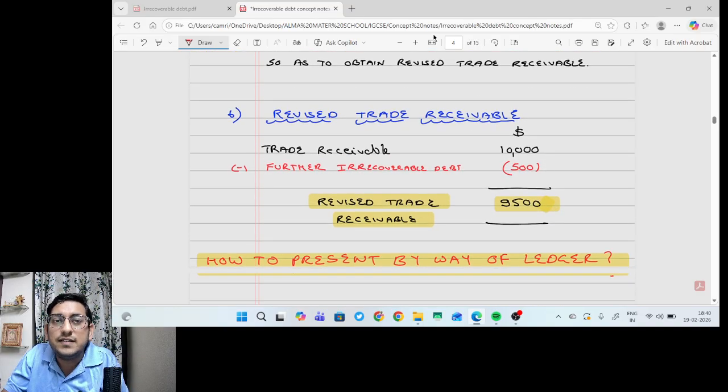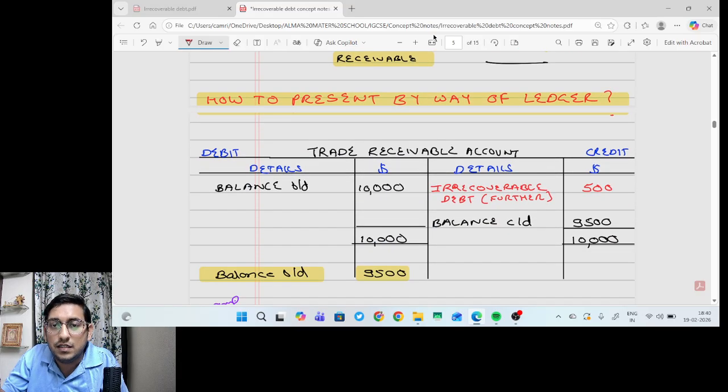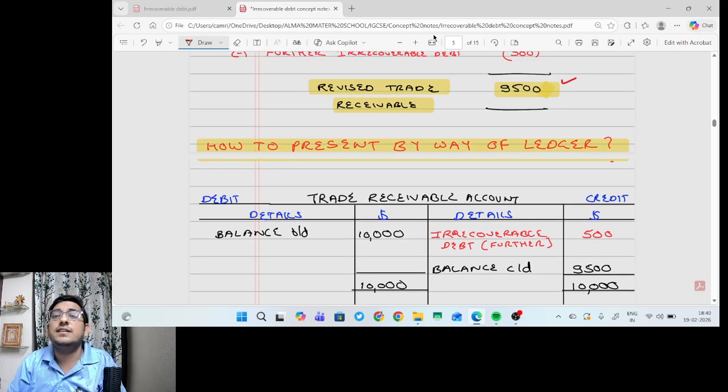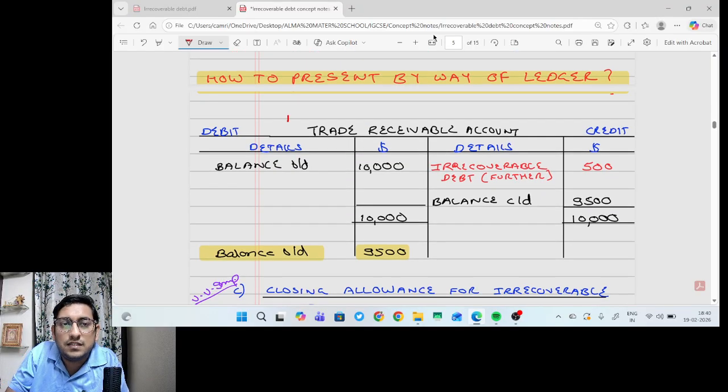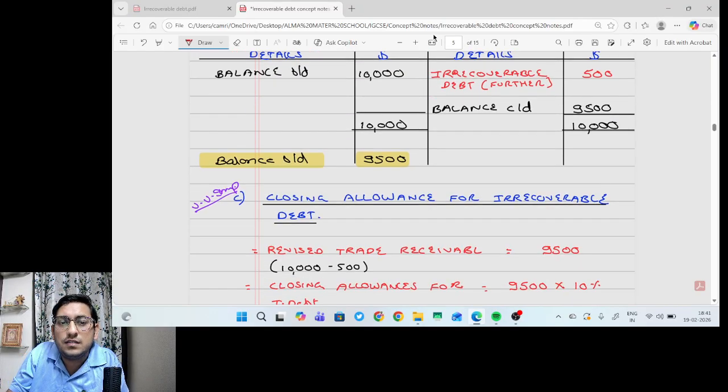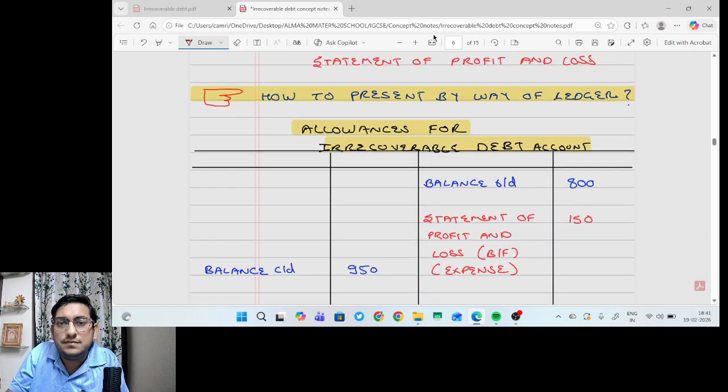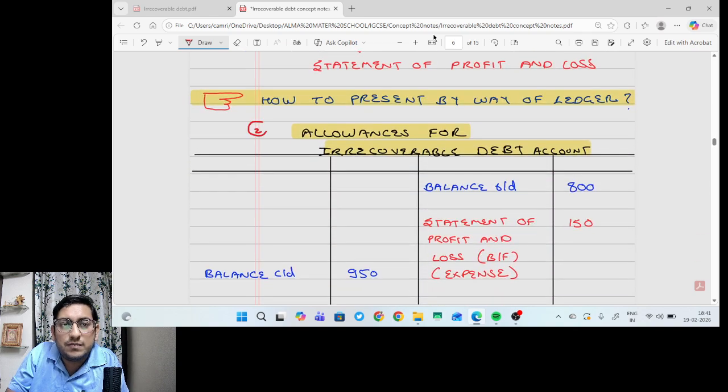So what will be my revised trade receivable? Trade receivable minus further irrecoverable debt, that is 9,500. Now we will understand how to present this in the ledger. We have to prepare three ledgers, guys. First, trade receivable account. Second, allowances for irrecoverable debt account.